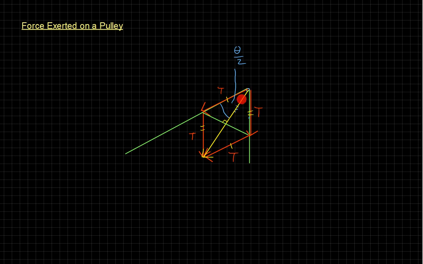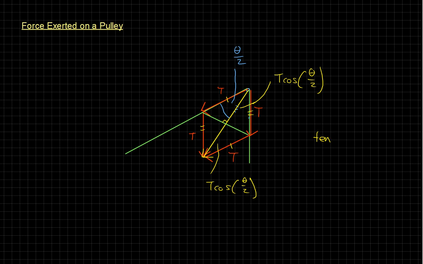That's t times cos theta over 2. Just using trig, where t is the hypotenuse. And by the same logic, this one here is the same length, because this green line has split it exactly in half. That part there is also t cos theta over 2. So therefore, we've almost come up with our formula.